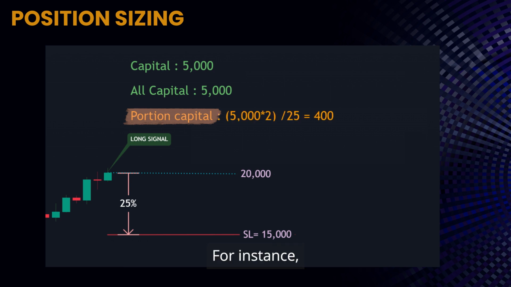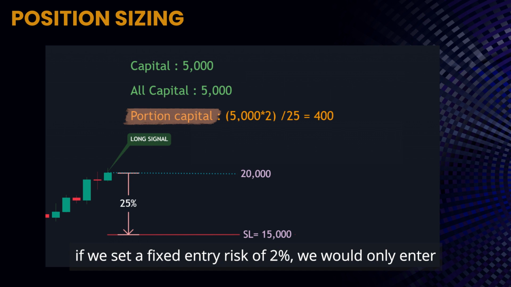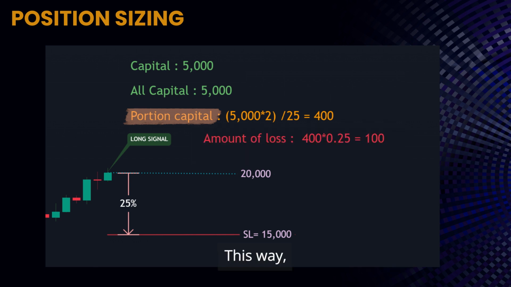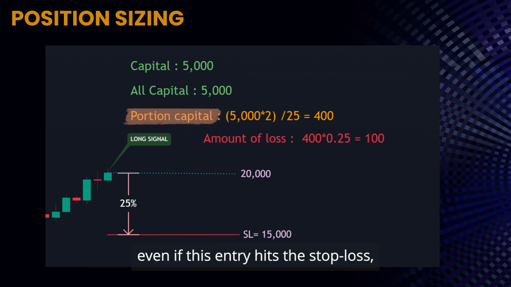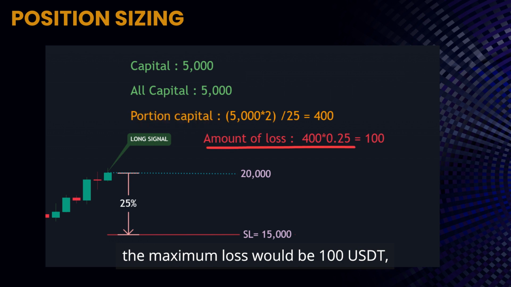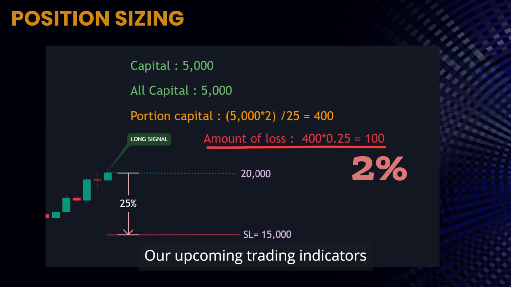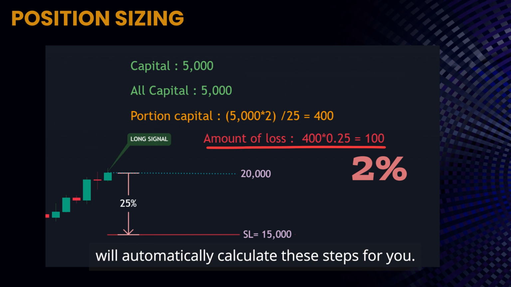For instance, if we set a fixed entry risk of 2%, we'd only enter with 400 USDT instead of the full 5,000 USDT. This way, even if this entry hits the stop loss, the maximum loss would be 100 USDT, which is only 2% of the total capital. Our upcoming trading indicators will automatically calculate these steps for you.